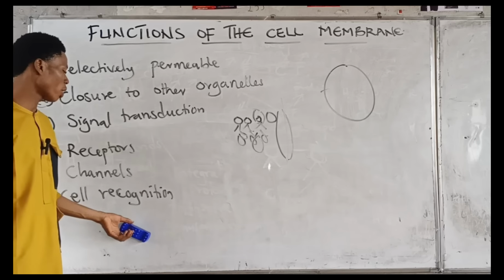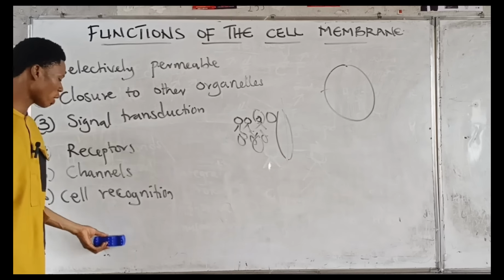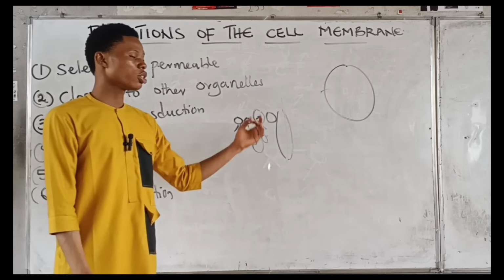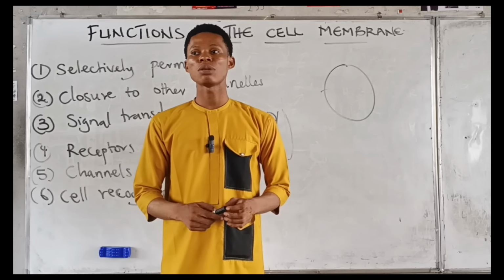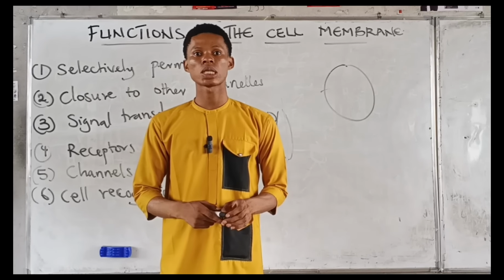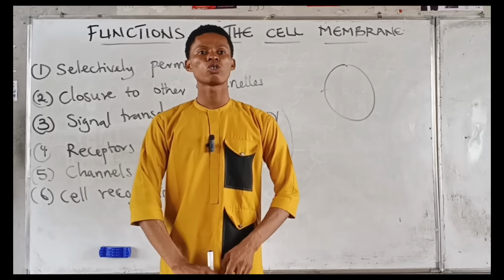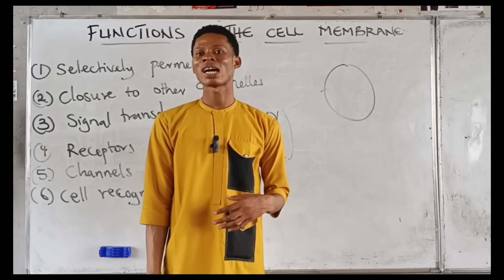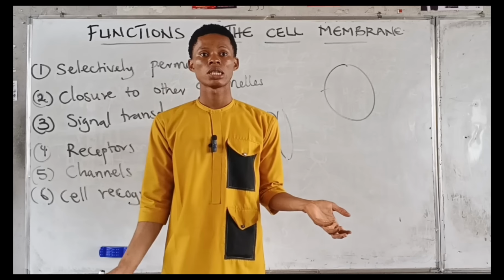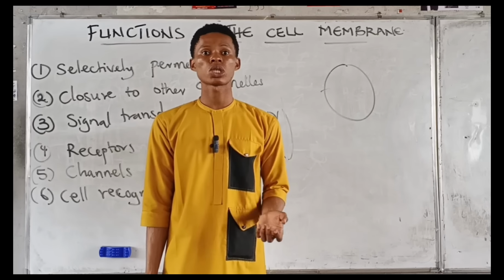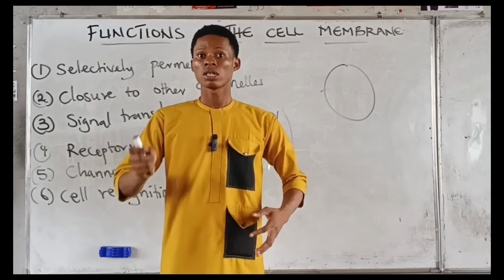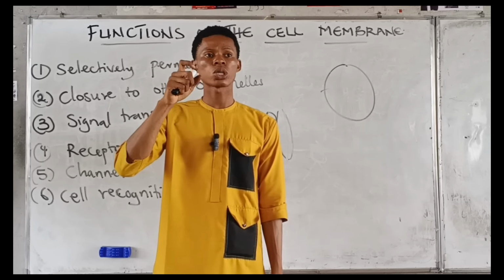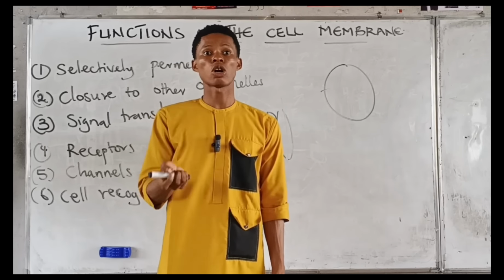Alright, then cell recognition. They are involved in cell-to-cell recognition. And it is from here you can identify the ABO blood grouping system. The ABO blood grouping system is based on the antigen present on your red blood cell. If the antigen present on your red blood cell is antigen A, then your blood group is what?